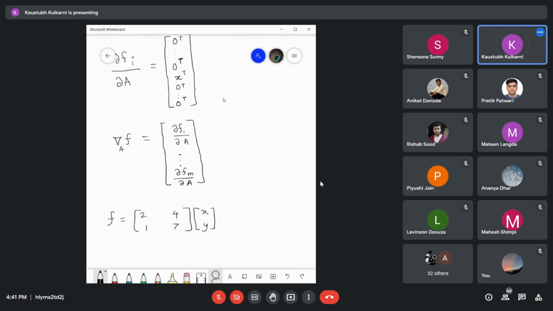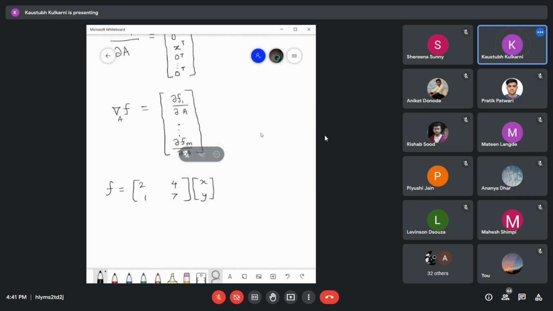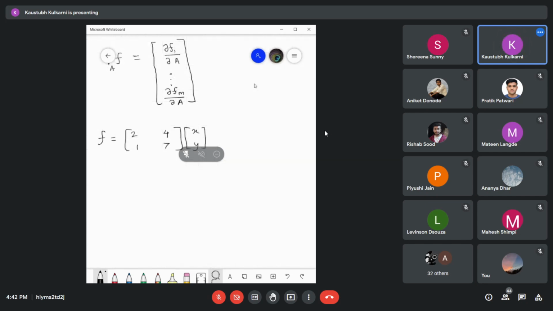Let's follow these steps. By the formula, fi is the summation j goes from 1 to n of aij times xj.